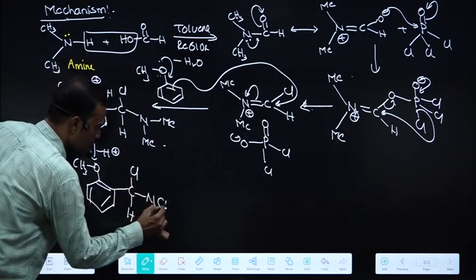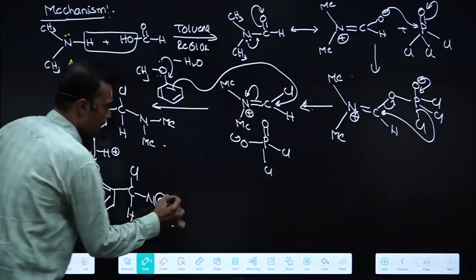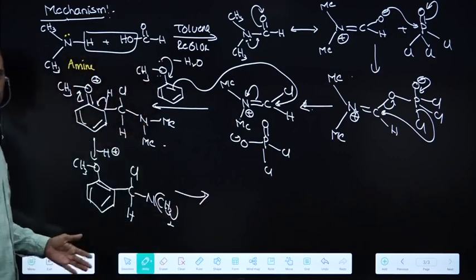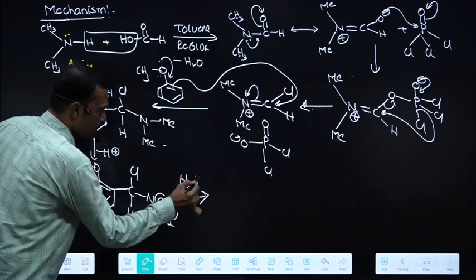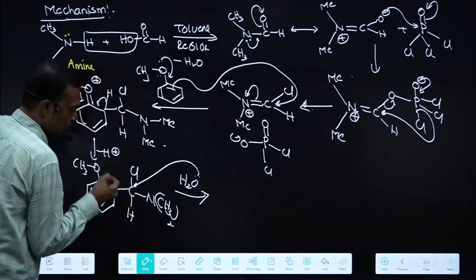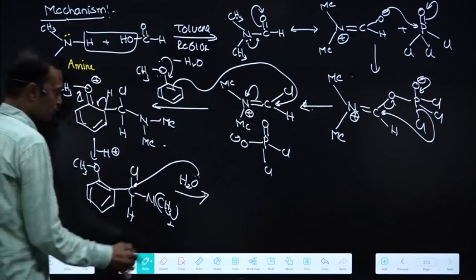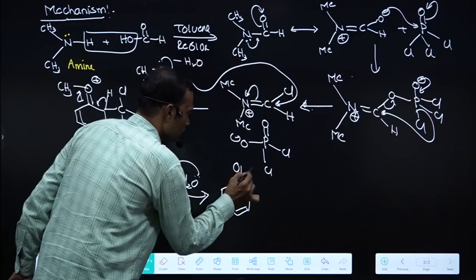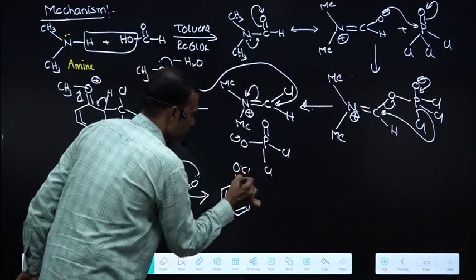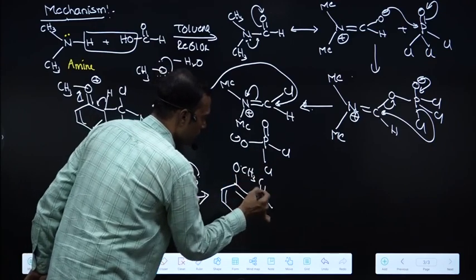Nitrogen carries how many methyls? 2 methyls are there. Then use aqueous medium. After using aqueous medium, water can attack this carbon 2 times. Chlorine is removed, nitrogen is also removed as a leaving group. Finally a 2-hydroxy will come. The 2-hydroxy undergoes dehydration and you may expect the aldehyde. This is the formylated product, that is the answer.